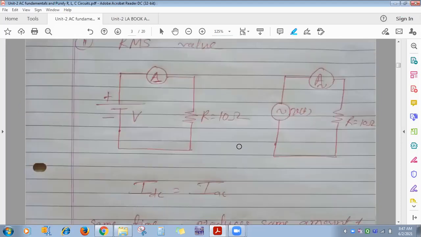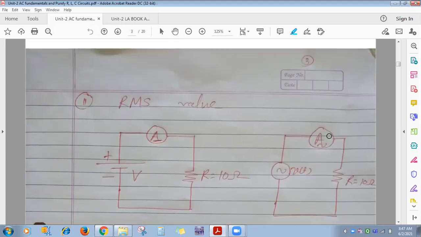So how can you define the root mean square value? Here we have an AC voltage, an AC ammeter, and a resistance, suppose 10 ohm. Switch on the supply. Suppose the ammeter reading is 1 ampere. It is a root mean square value, equivalent to a DC value.